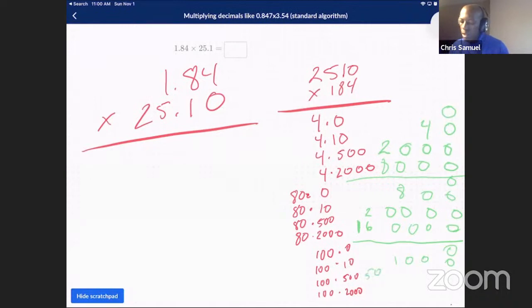So we put that over there, and then we add the other 4 zeros. So this is the long way.